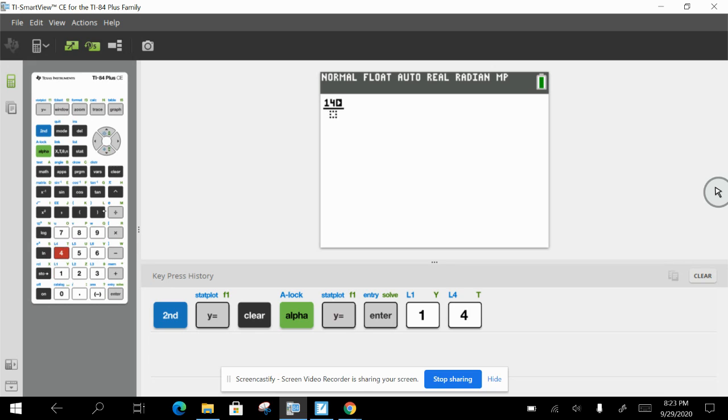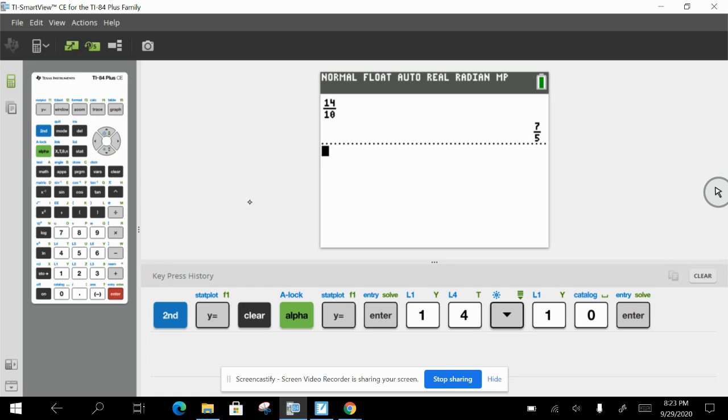Let's practice. 14 over 10, and if you press enter, it'll give you the reduced fraction, 7/5.